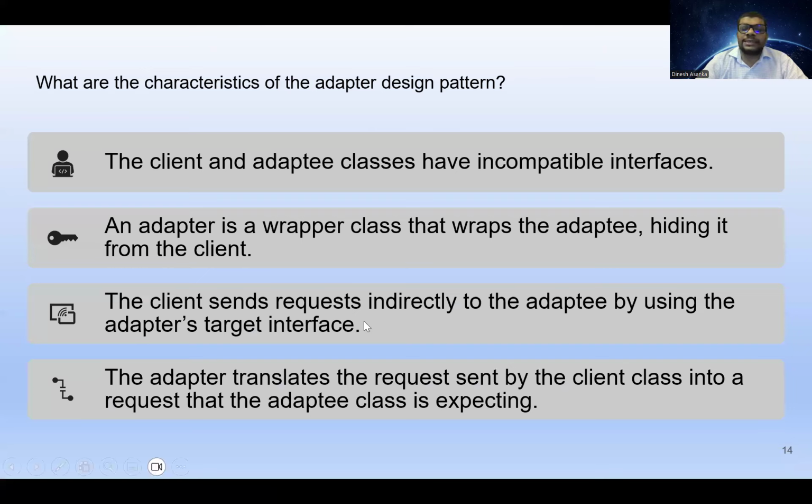Then the client sends requests indirectly to the adaptee by using the adapter target interface. The adapter translates the request sent by the client class into a request that the adaptee class is expecting. So what the adapter does is translate the message you are getting, let's say XML format, into JSON format.